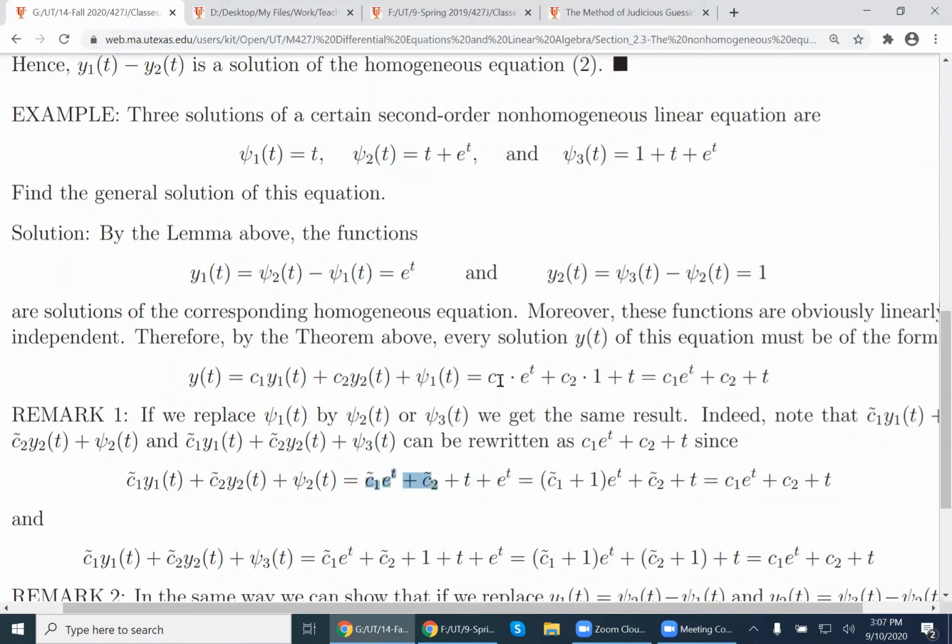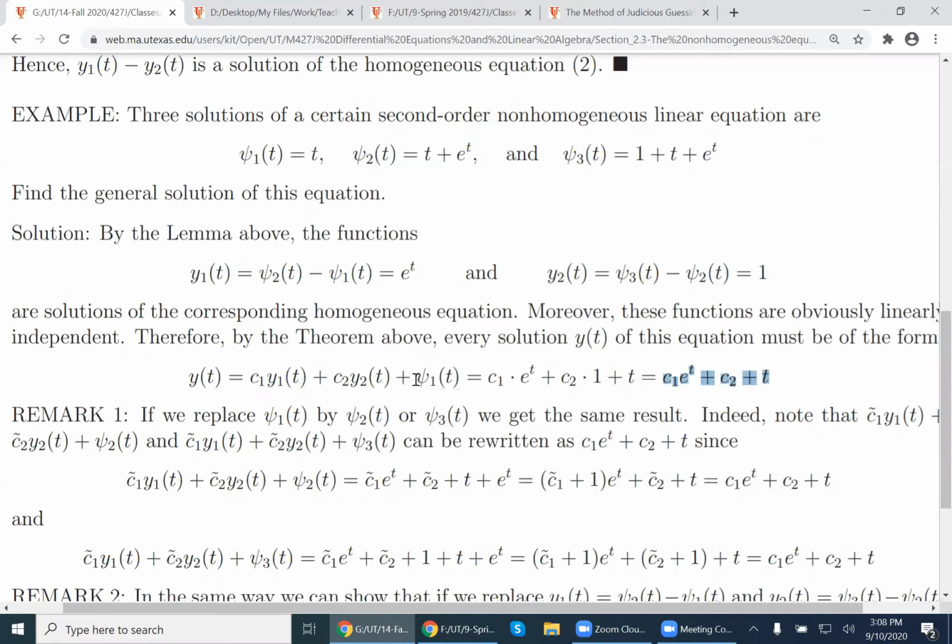To avoid confusion, let us replace c1 and c2 by c1 tilde and c2 tilde. Note that if we combine together this and this, we'll get c1 tilde plus 1 times e to t plus c2 tilde plus t. And now, if we replace this by c1 and this by c2, we get absolutely the same expression.